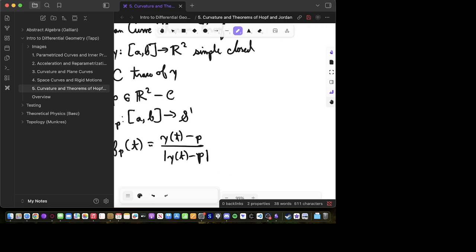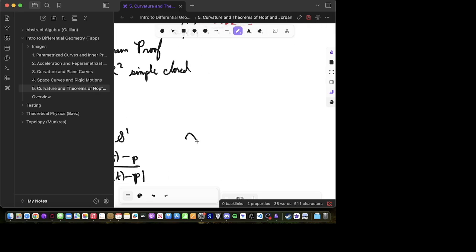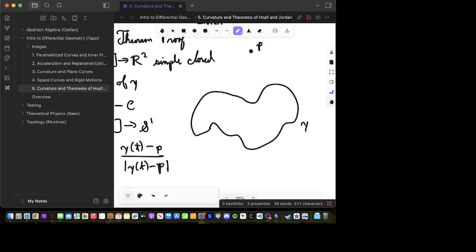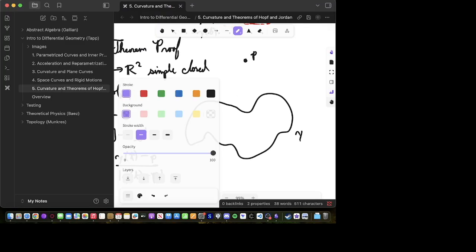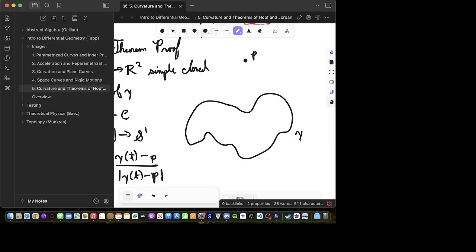basically, what we're doing here is we have a curve here, we have a point, and what f does, if you take a point here, it's just the unit vector pointing towards it.